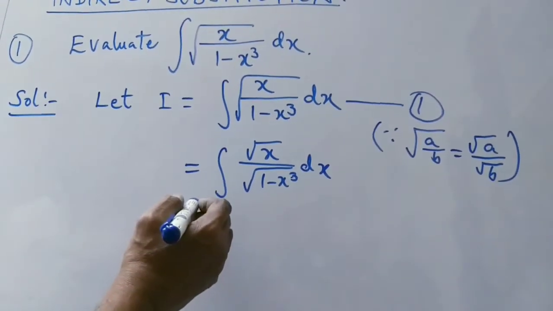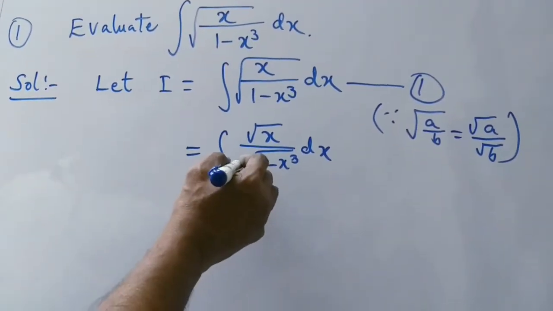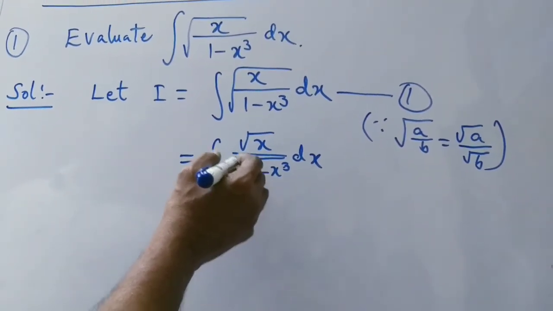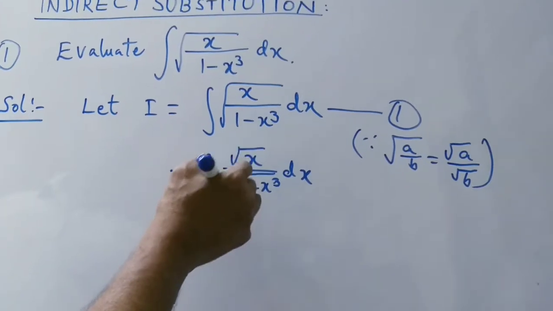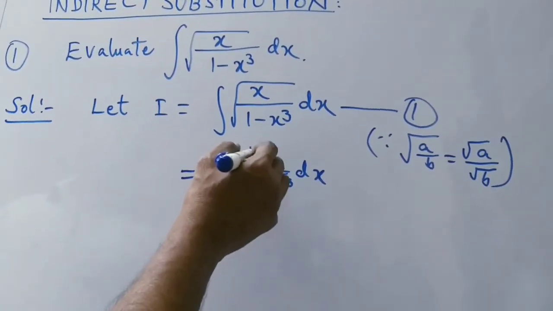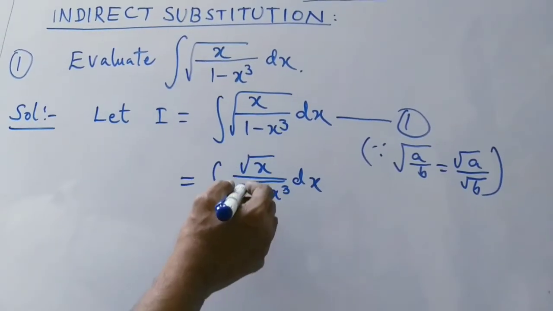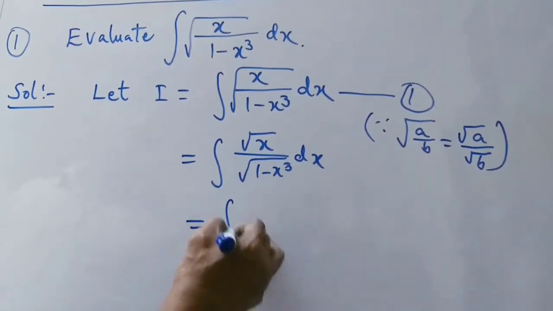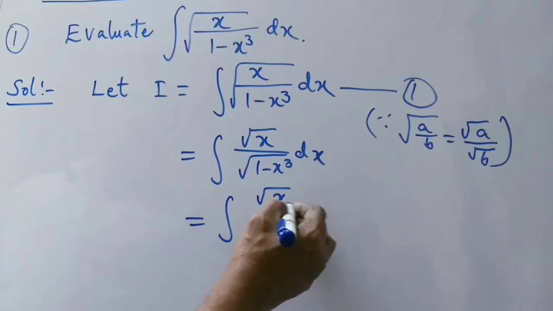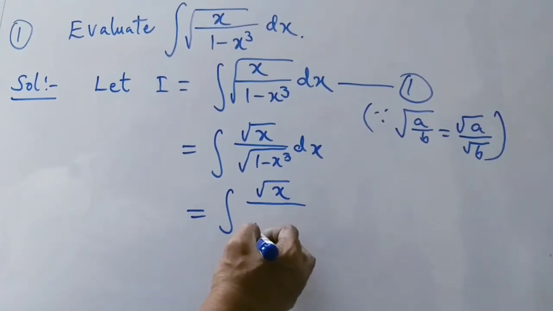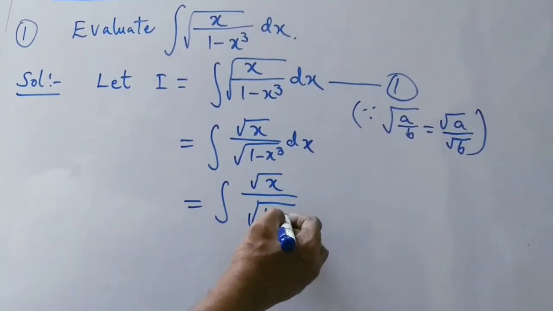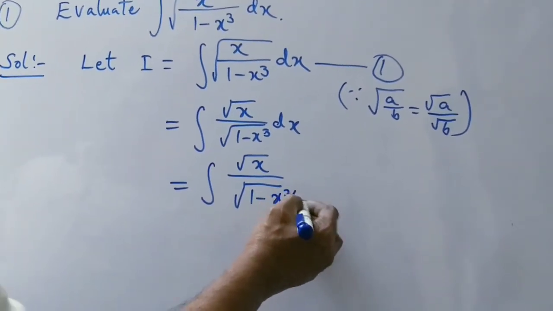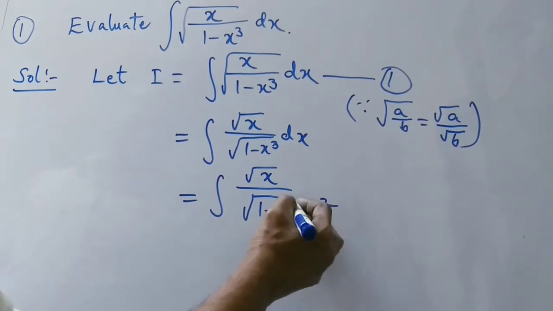Now here, square root of 1 minus x cube is the denominator of this fraction. Numerator is root x. The denominator can be written in the form of square root of 1 minus x to the power of 3 by 2 whole square.